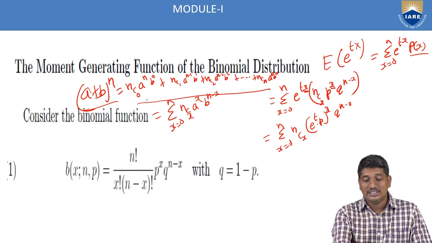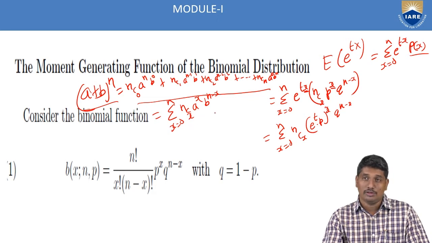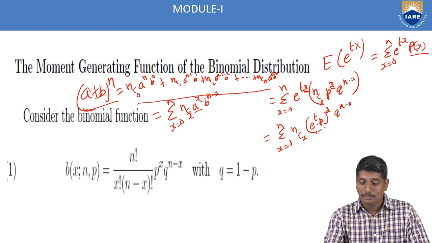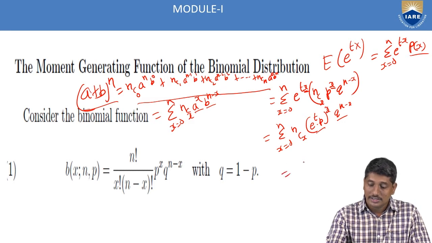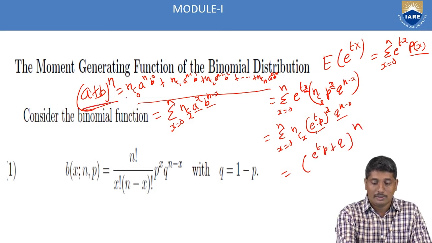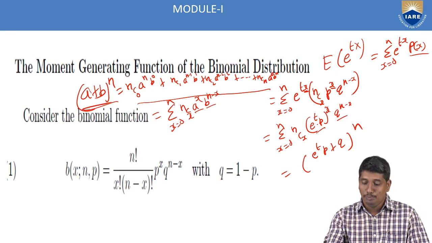So the right side can be written as the summation, x equal to 0 to n, of nCx a^x b^(n-x). Now if you see, in the place of a we are observing e^t p, and in the place of b we are observing q. That is why, using the formula (a+b)^n, we can write it as (e^t p + q)^n.